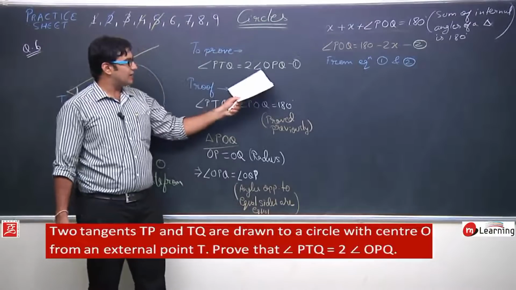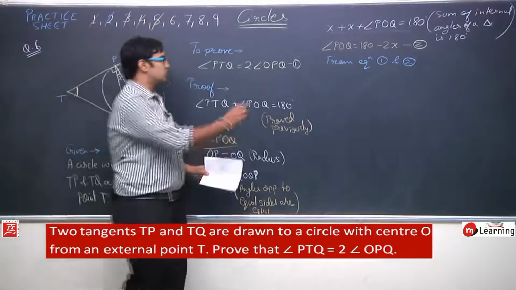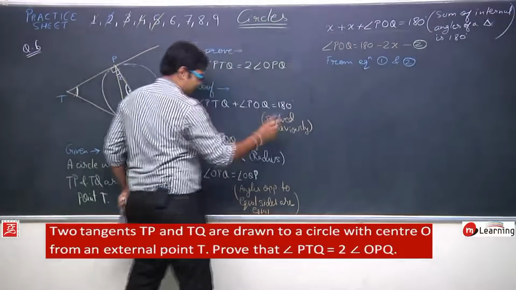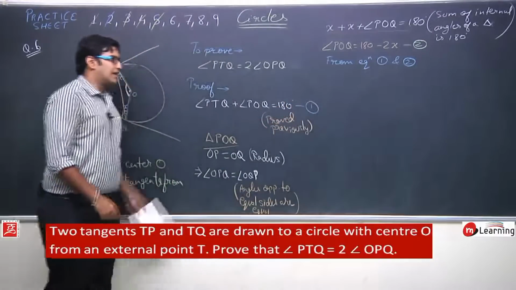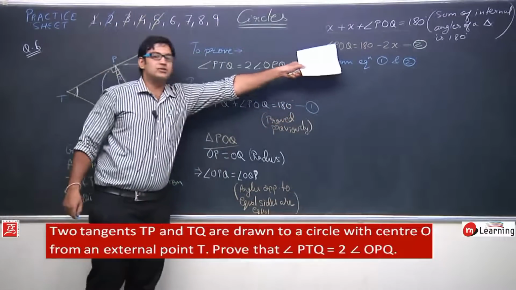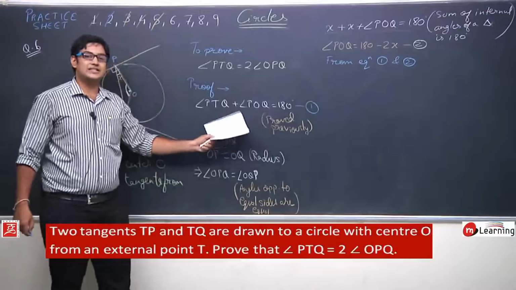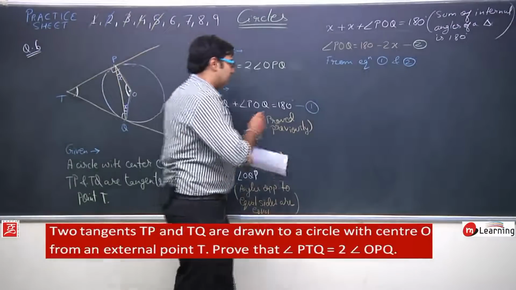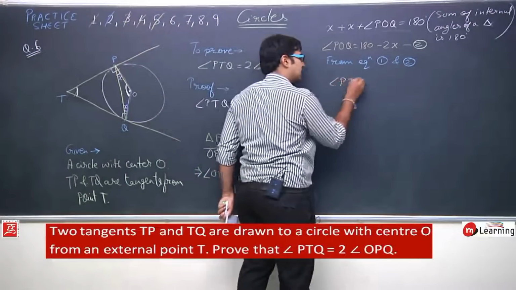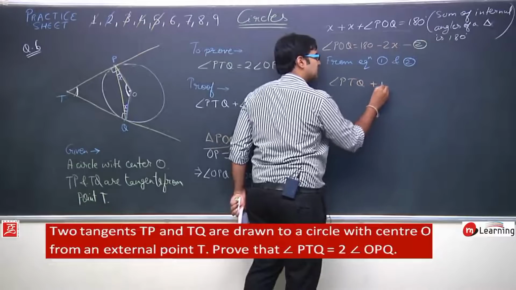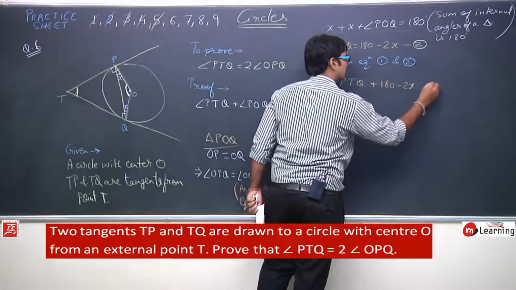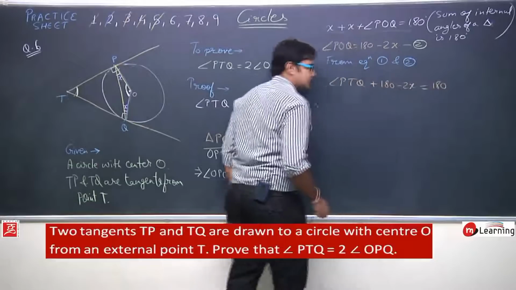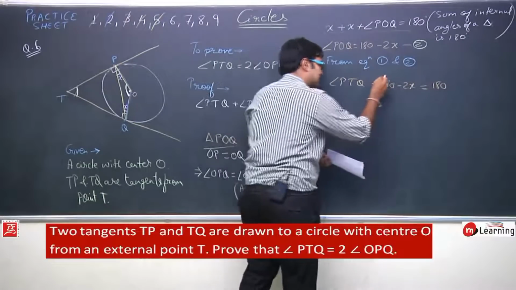This was the first equation. I can substitute angle POQ is equal to 180 minus 2x in this relation. So what I will get? I will get angle PTQ plus 180 minus 2x is equal to 180 degrees. This is the relation that you will get.